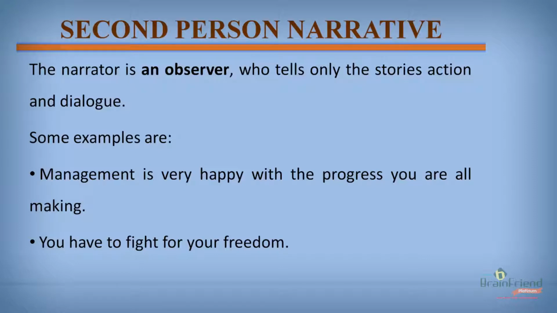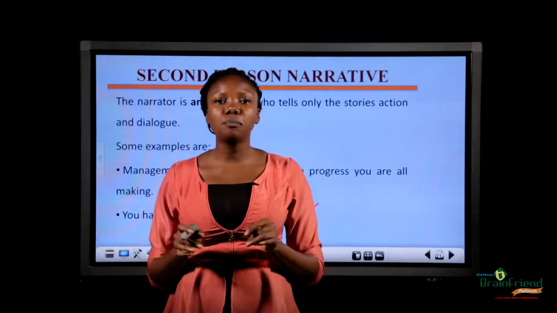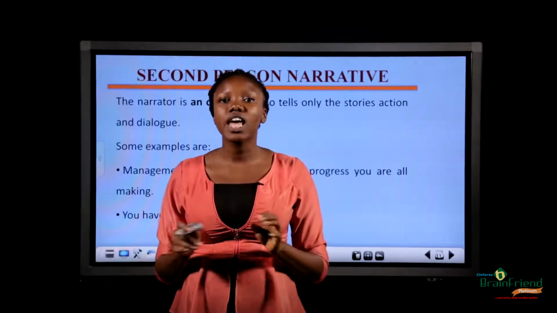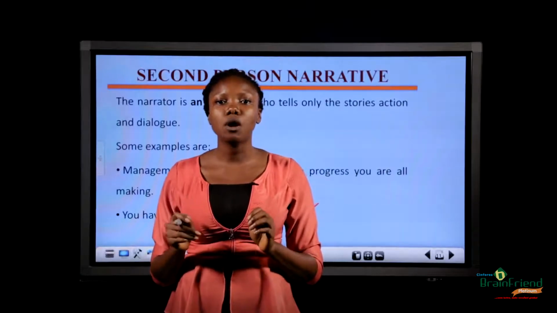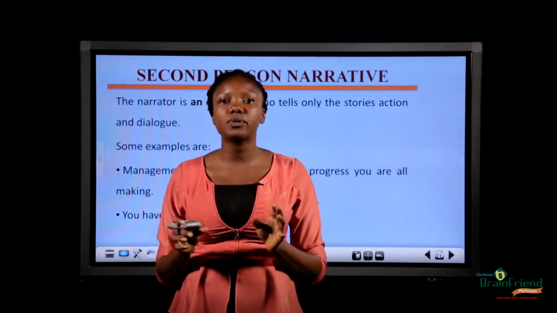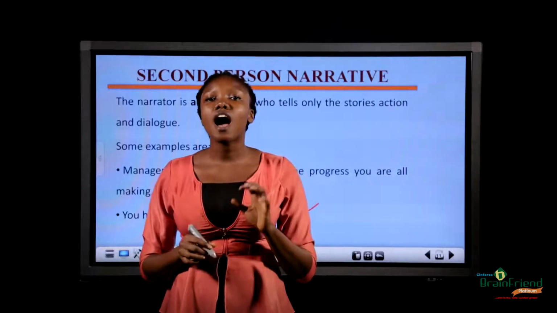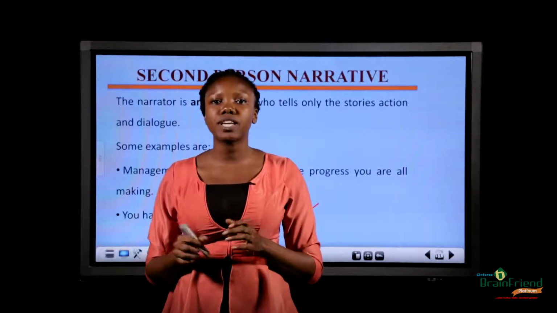Management is very happy with the progress you all are making. And finally, you have to fight for your freedom. From the examples, we see that the author is just an observer. He's not part of what is happening, but he has an idea of what is happening, so he tells us what is happening.